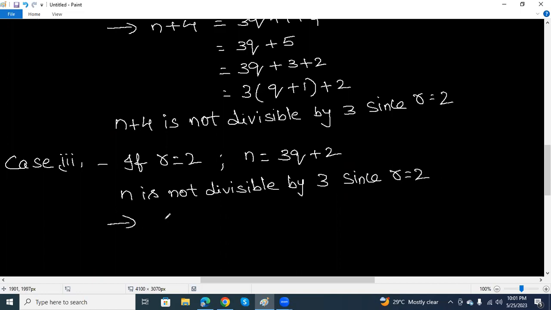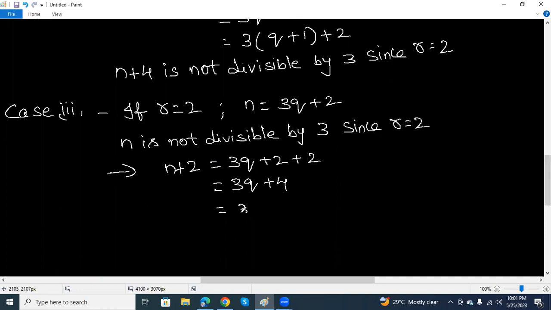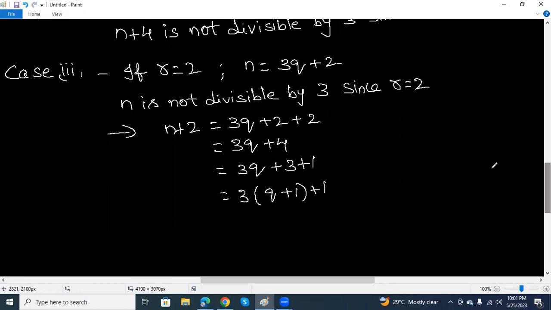Now add plus 2 on both sides. n plus 2 is equal to 3q plus 2 plus 2. That means 3q plus 4. We can't take out a common 3, right? So write this as 3 plus 1. Now let's take out the common 3: q plus 1 plus 1. So again we are getting a remainder of 1.